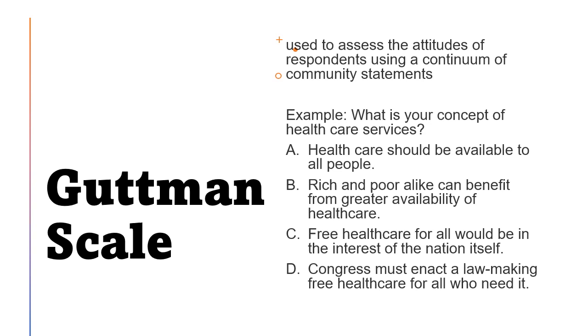As you can see, I will be able to call out what the view of the public is when it comes to healthcare services. So you refer to that one as Guttman scale. It is used to assess the attitude of respondents using a continuum of community statements.